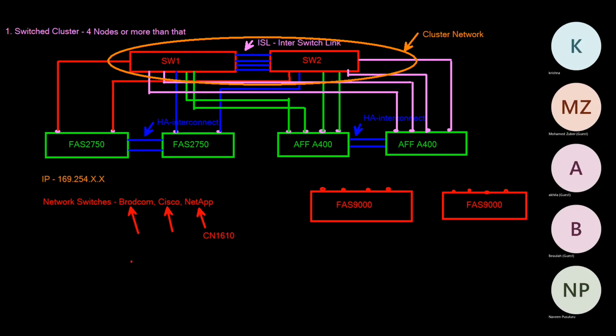I'll show you what the supported switch models are in Hardware Universe, and you'll get those details. Depending upon the model, we have the cluster ports. For example, AFF 2700, 2750 will have only 2 ports, but AFF A400 will have 4 cluster ports.